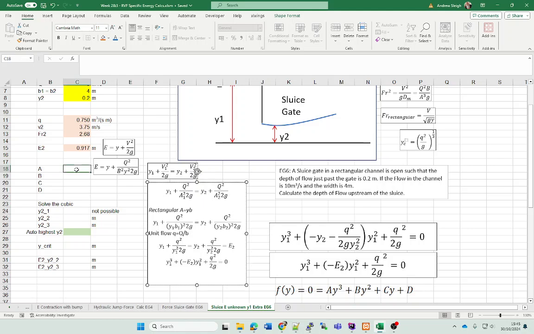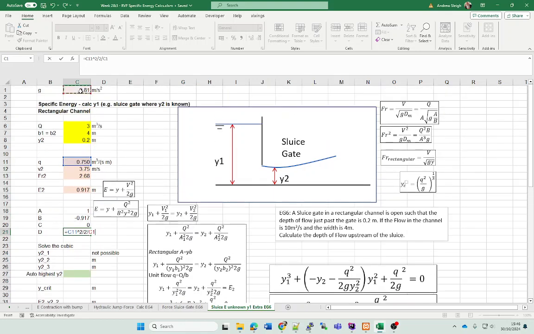So the a in this equation is 1, that's normal formulation. The b is equal to minus that E2 that we just calculated. The c is equal to 0 because we have no y1 coefficients, and d is equal to q squared divided by 2g.